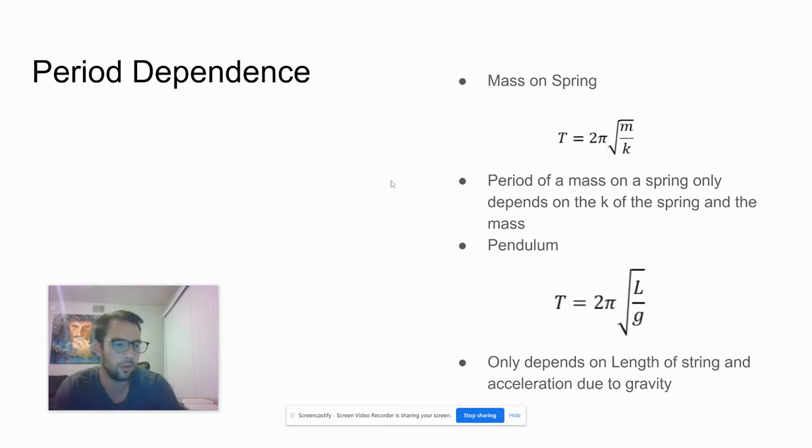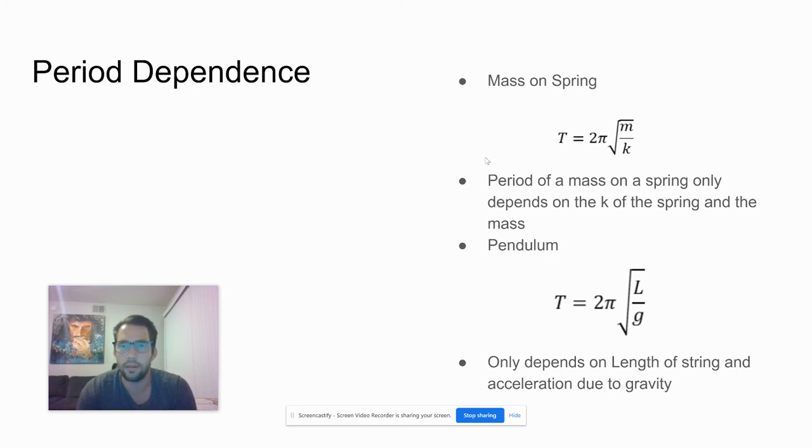So what does the period depend on for either a mass on a spring or a pendulum? Meaning, how do I make the mass on the spring go faster? Or how do I make a pendulum swing faster?